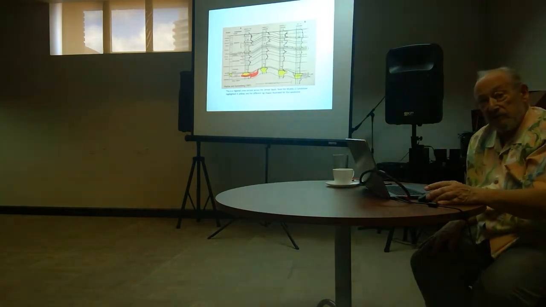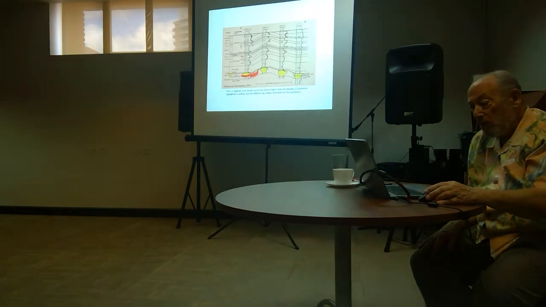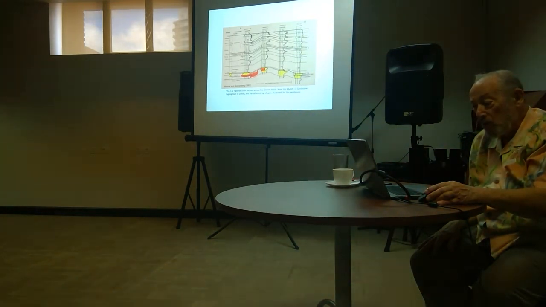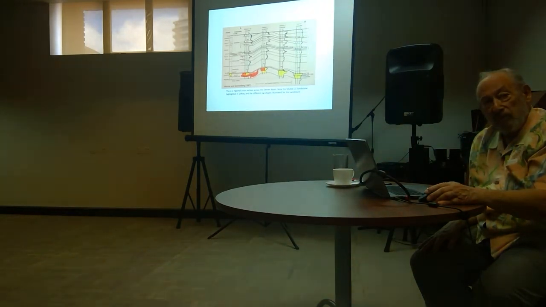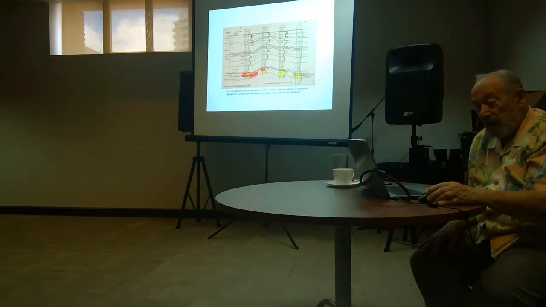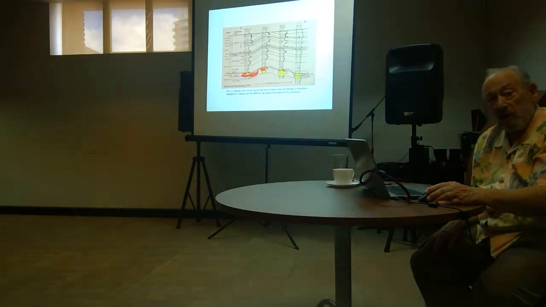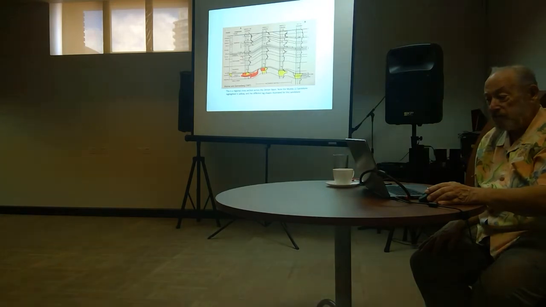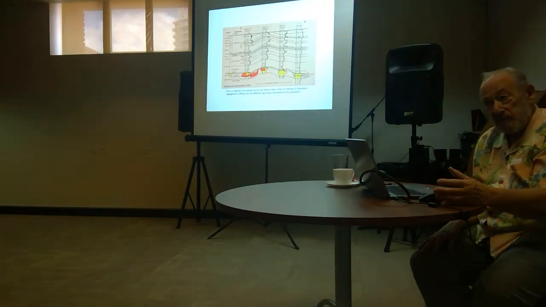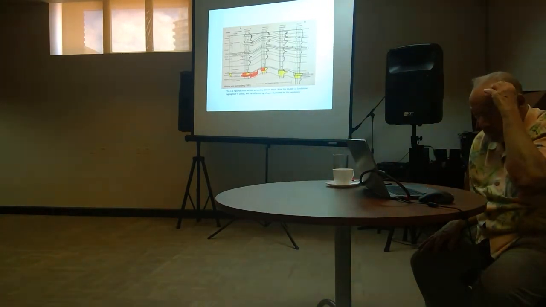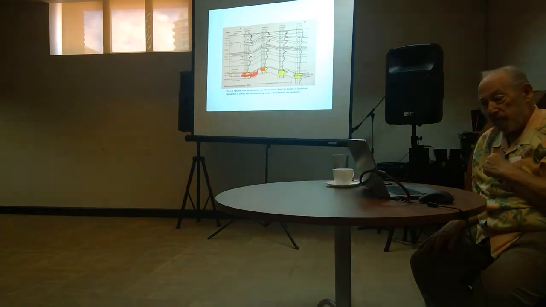And one of the reasons this was discovered was that fossils found in here were older than fossils found in there. So that indicated that the sand body was not connected, was not of the same age, but a different type of sand body, deposited at different times.